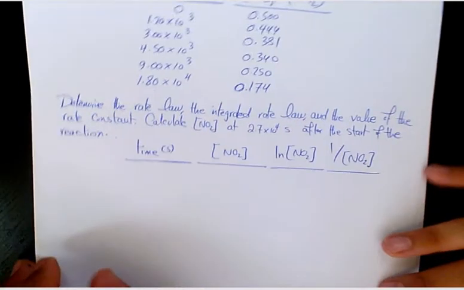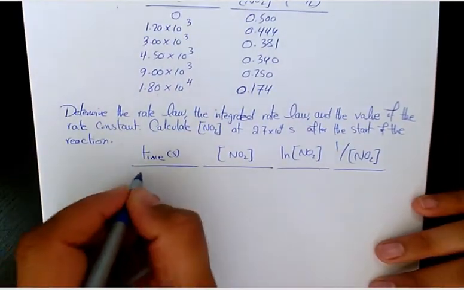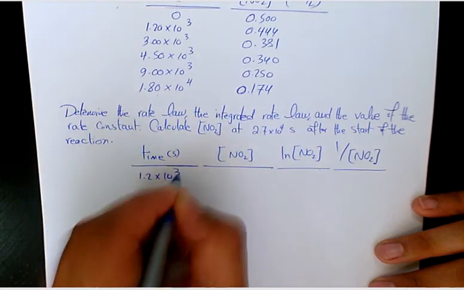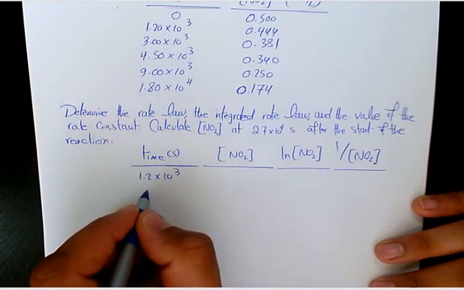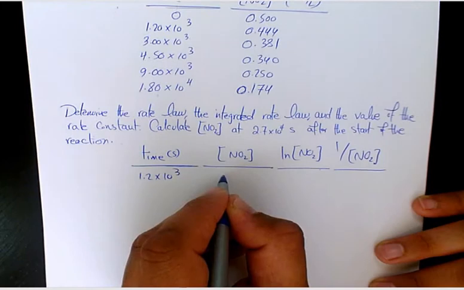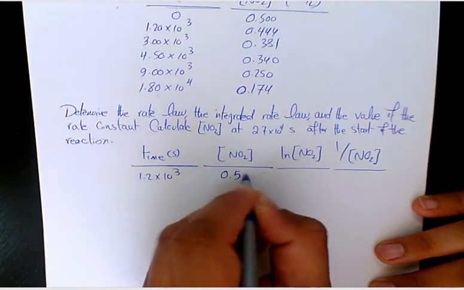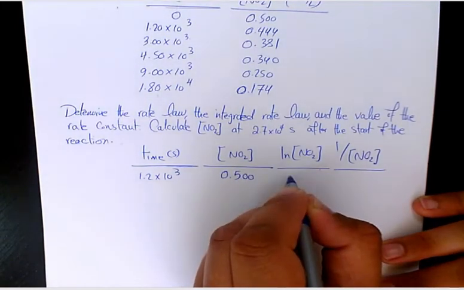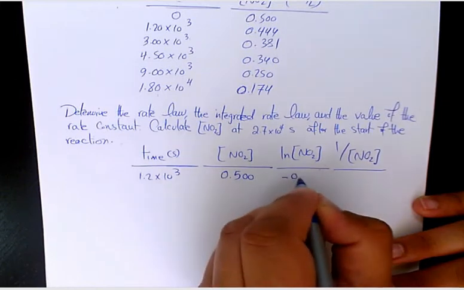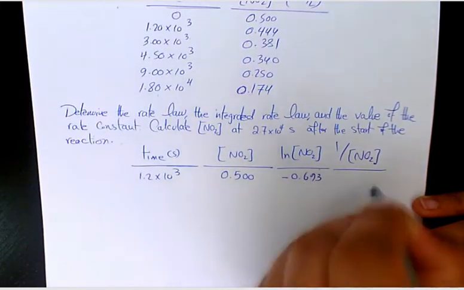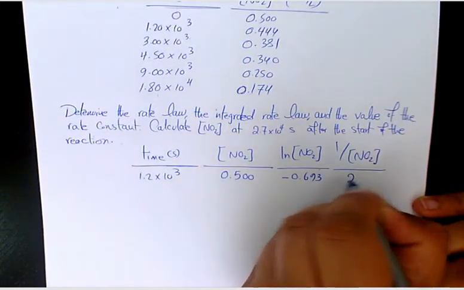So that's 1.2 times 10 to the power of 3. Here we have 0.500. Ln NO2 is negative 0.693, and 1 over NO2 is 2.